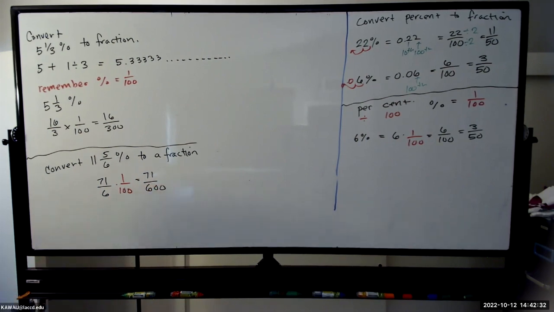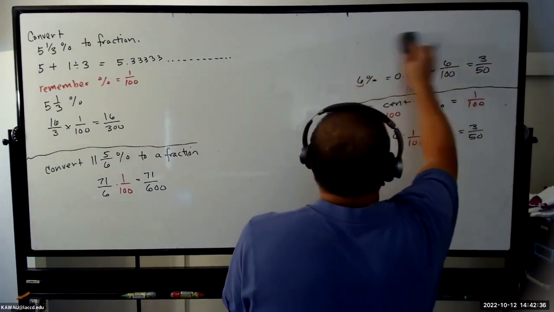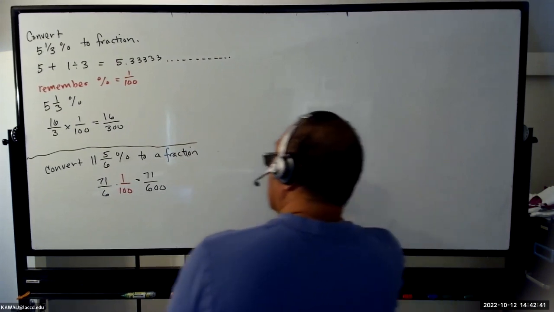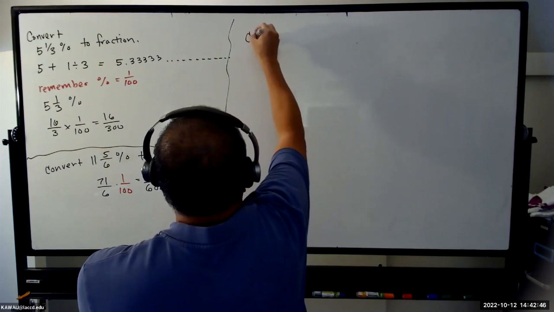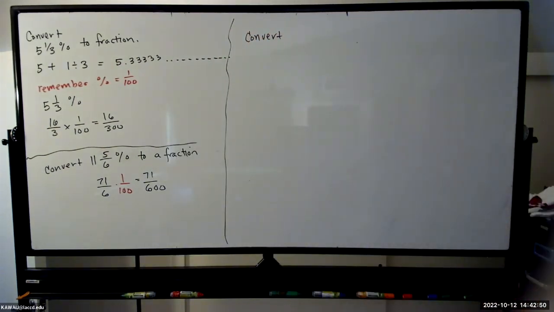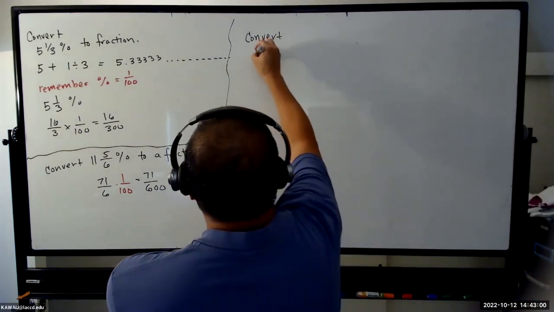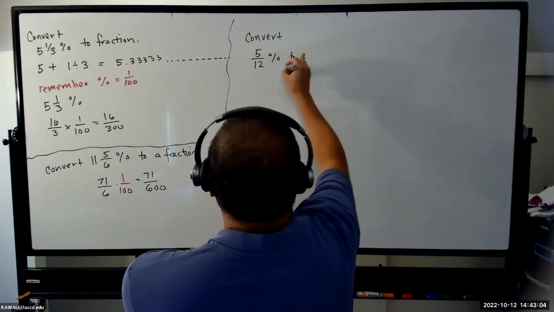Okay, let's just do one more of these. Convert 5 divided by 12% to a fraction.